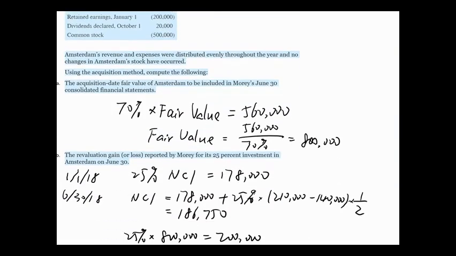So first one, what is the acquisition date fair value of Amsterdam to be included in Maury's June 30 consolidated financial statement? So on June 30th, Maury paid $560,000 for 70% of the controlling interest of Amsterdam.